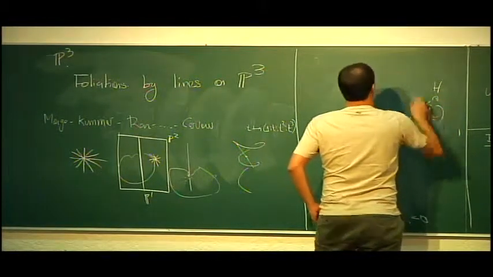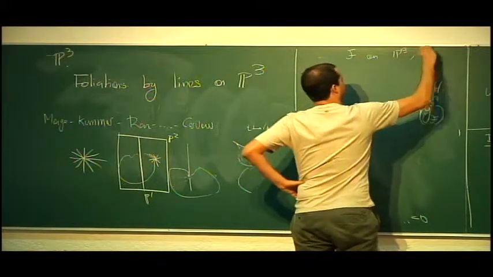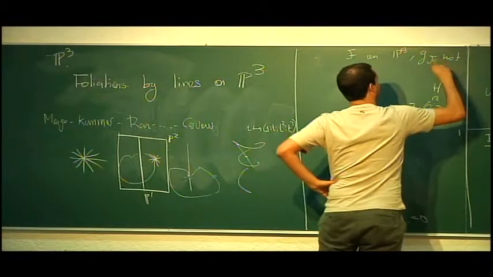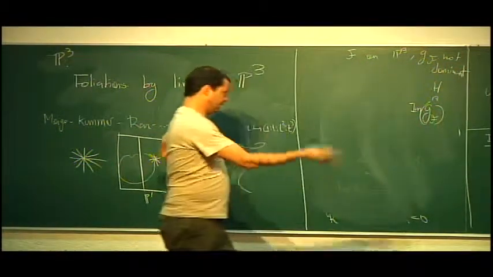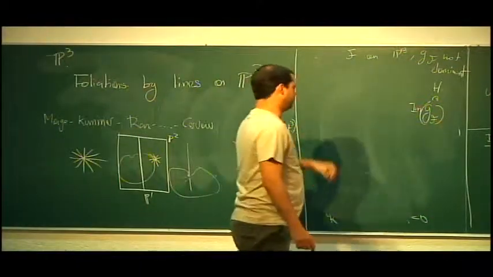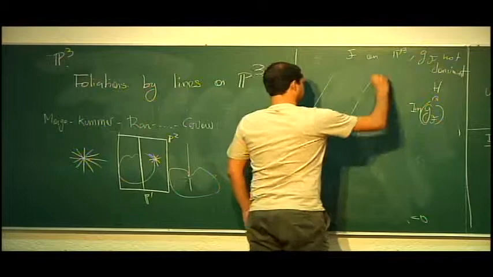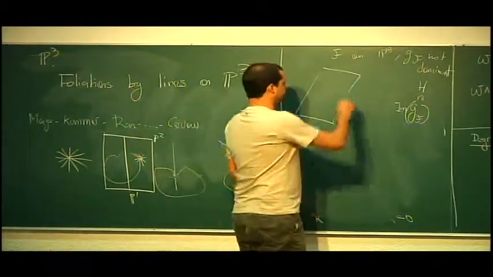So I'm calling that F on P3, the Gauss map, F not dominant. And just take the pre-image of this H. So what I'm saying, I know that this will be a union of lines.